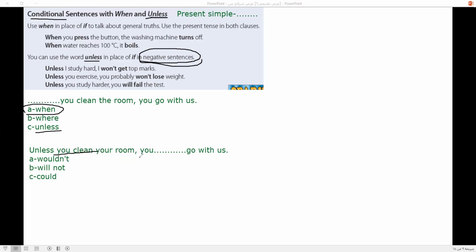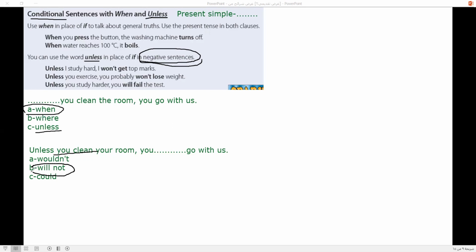When the conditional clause is in present simple, how is the choice? Are you sure, Lilas? Yes, Lilas and Ilaf. So, the correct answer here, very good, Ranim, is will not.